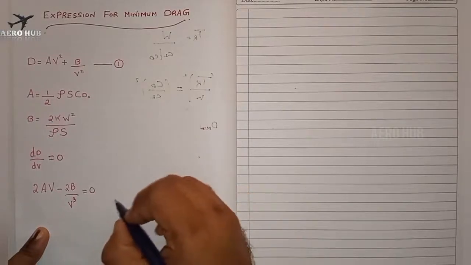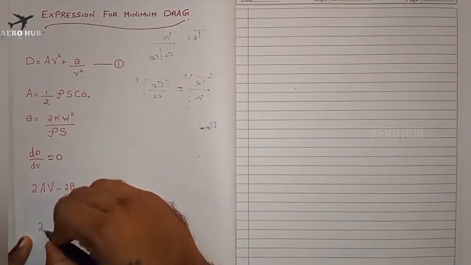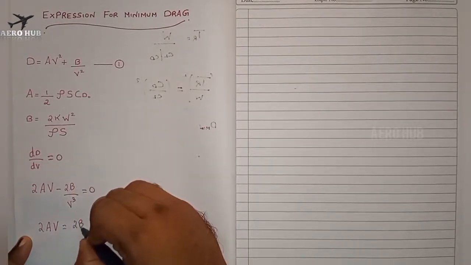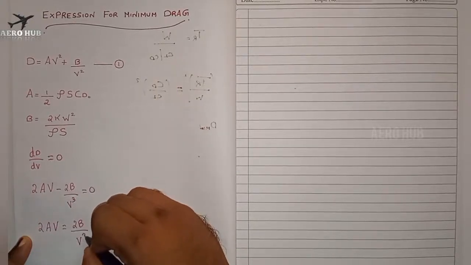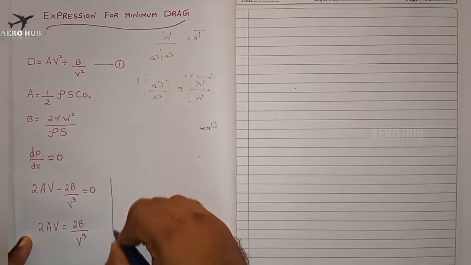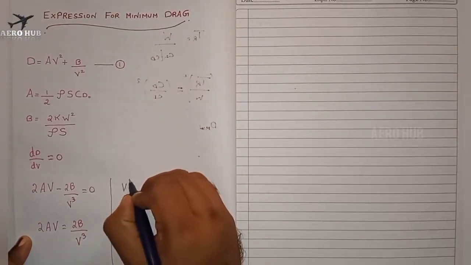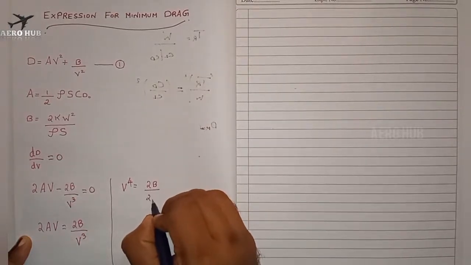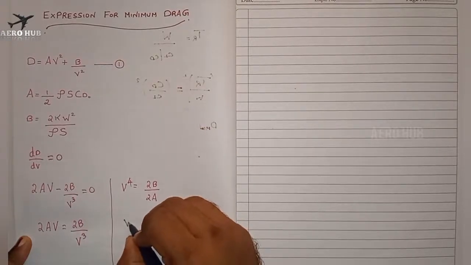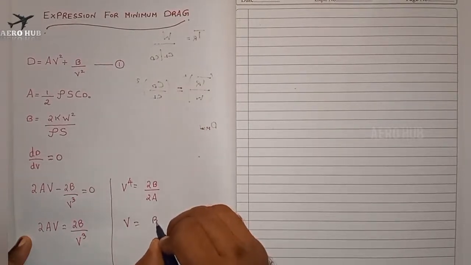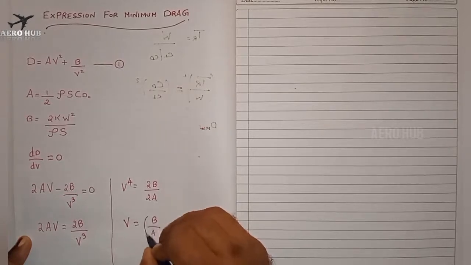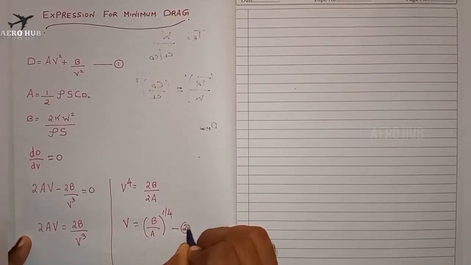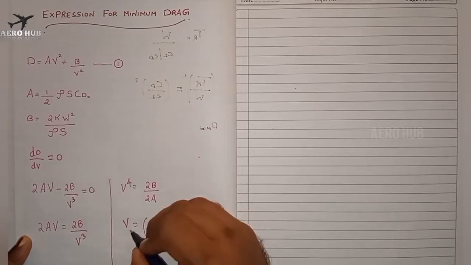From this, 2 A v is equal to 2B divided by v cube. Solving, v power 4 is equal to 2B by 2A. So finally v is equal to (B by A) the whole power 1 by 4. This is equation number 2, and it is nothing but the velocity for minimum drag.